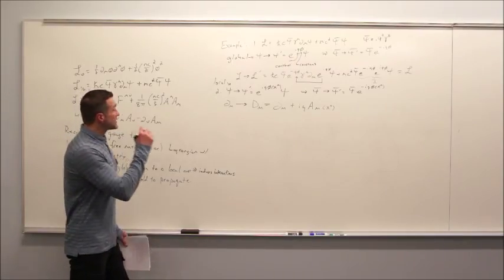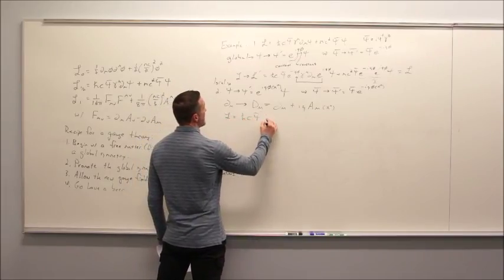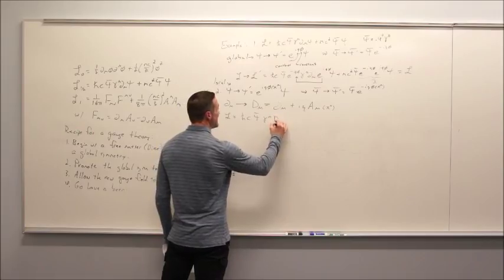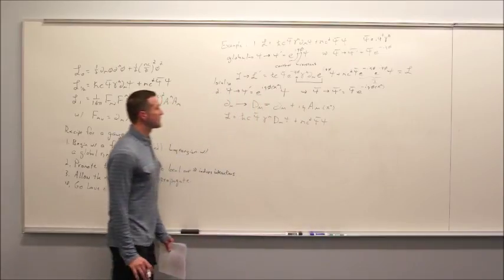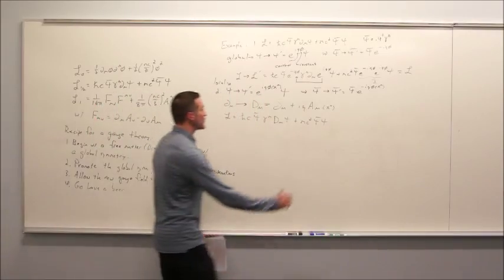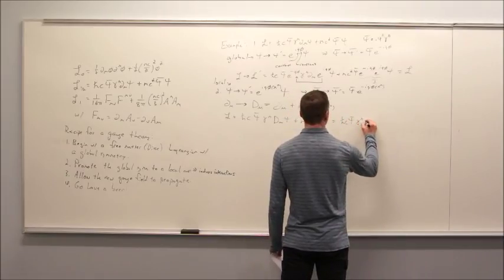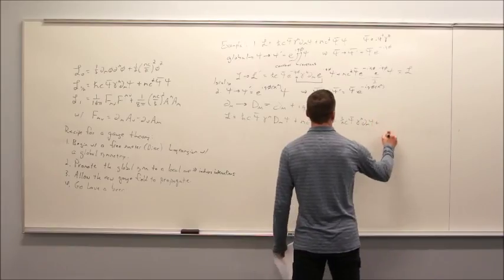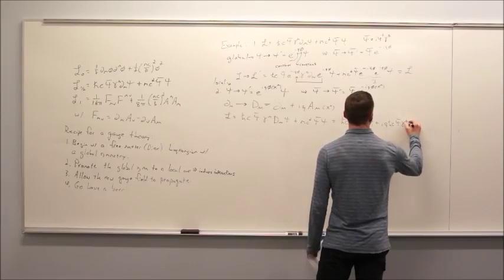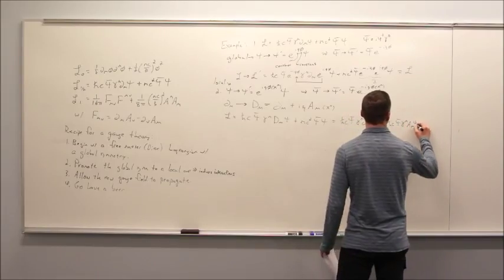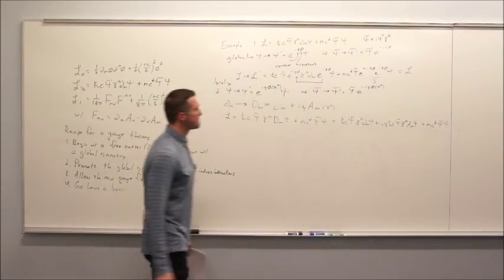So what I'm going to do now is go back to my Lagrangian and now write it as ħc ψ̄ γ^μ D_μ ψ plus mc² ψ̄ψ, which we can of course expand with the definition of this covariant derivative to the original term plus a new term iqħc ψ̄ γ^μ A_μ ψ plus mc² ψ̄ψ.